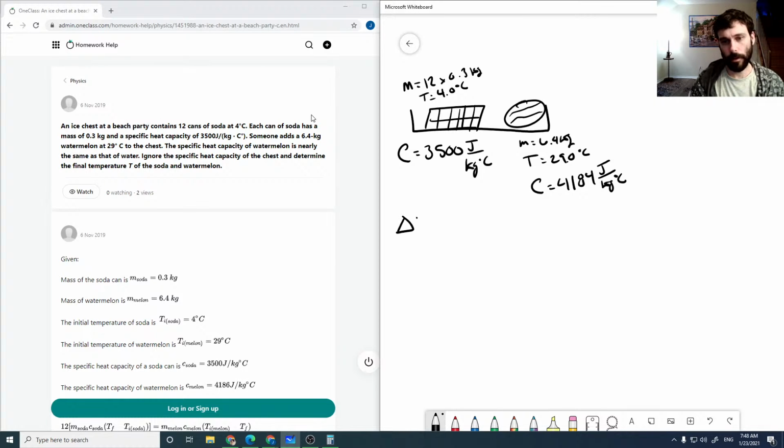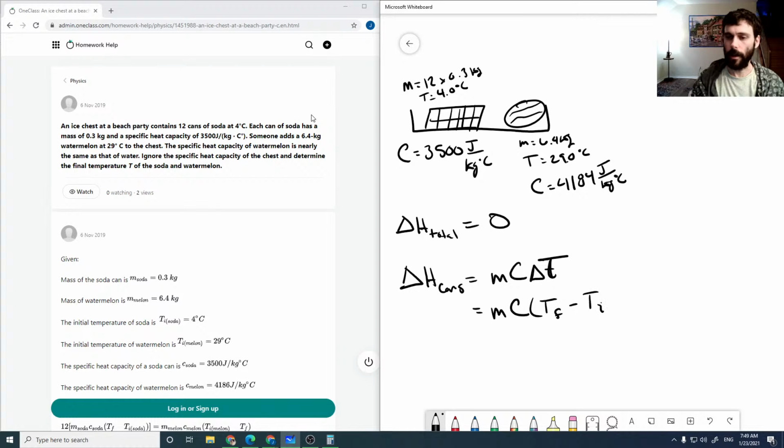Well, they're in thermal equilibrium, and we're assuming it's a sealed system, so our delta H total is going to be 0. Our delta H for our cans is going to be MC delta T, which is our mass of our cans, our heat capacity, TF minus TI.